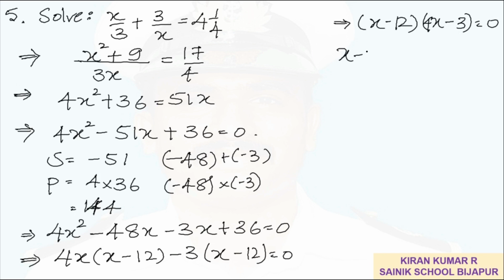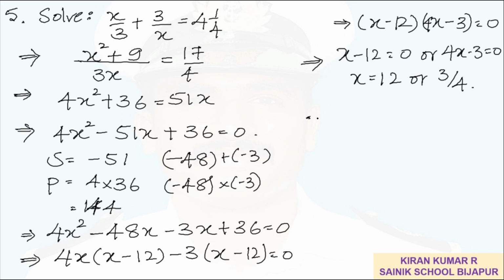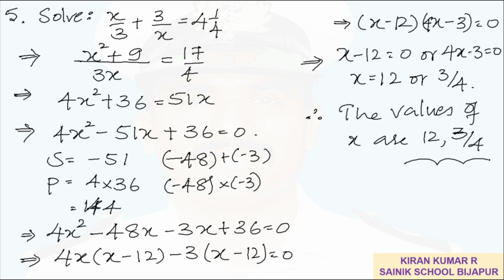So either x minus 12 is 0 or 4x minus 3 equal to 0. So the value of x is 12 or 3 by 4. Therefore, the values of x are 12 and 3 upon 4, these are the solutions.